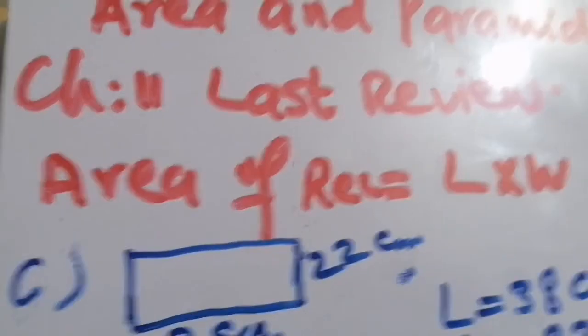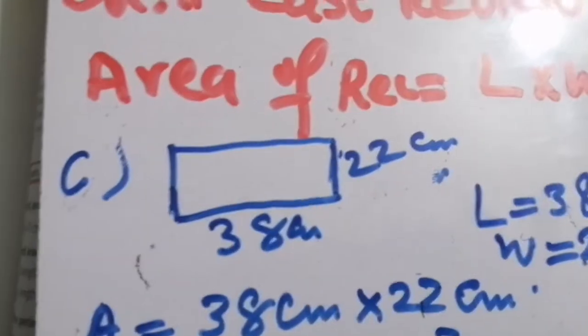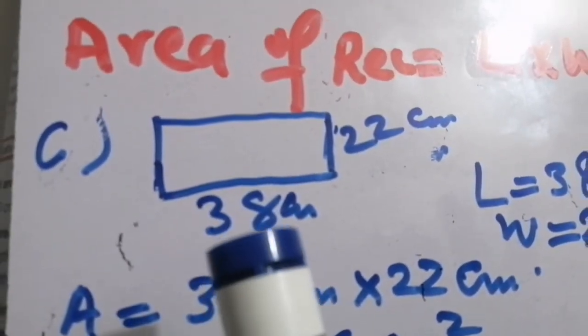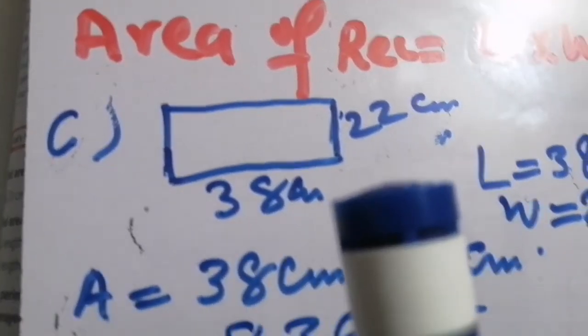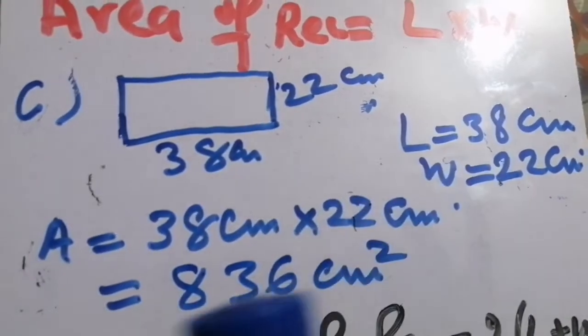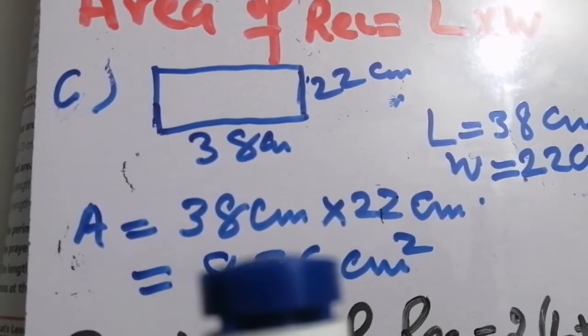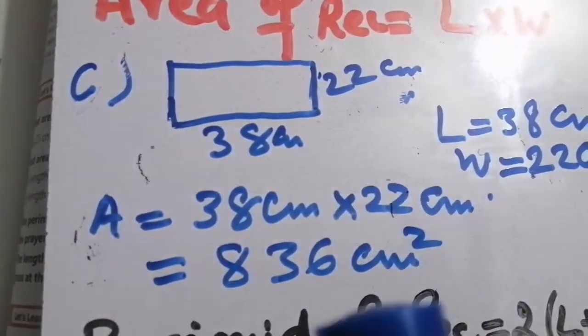rectangle. So now part C. The length is 38 centimeters and width is 22 centimeters. So area is equal to length into width, that is 38 centimeters multiplied by 22 centimeters.